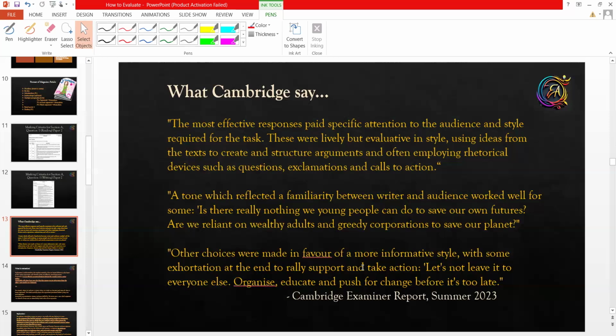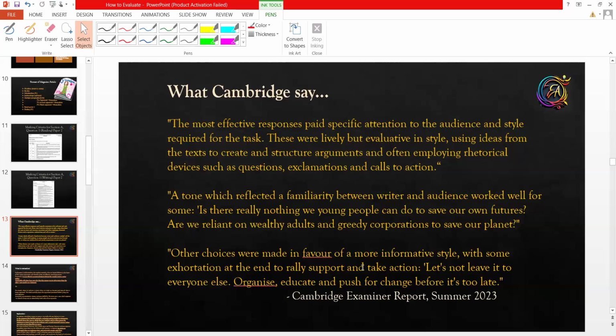Okay. Now, these are lively but evaluative in style, using ideas from the text. The ideas should be taken from the text only. Okay, you must not impose your own ideas.